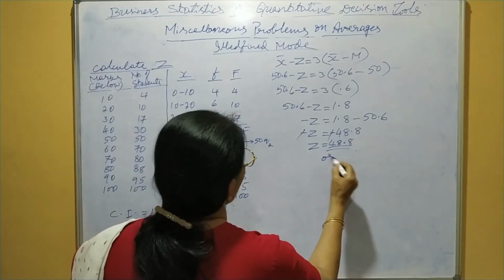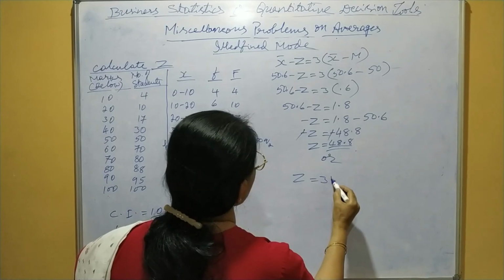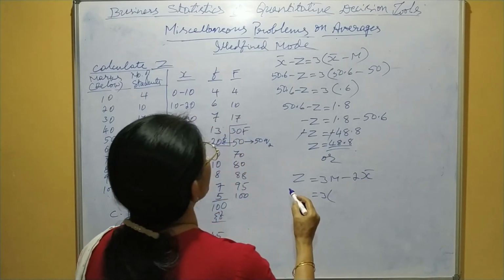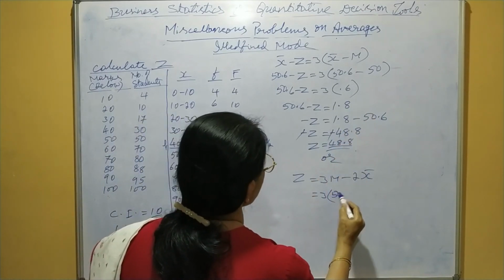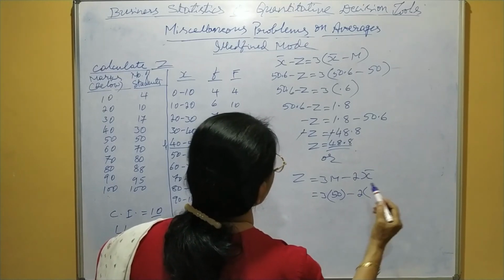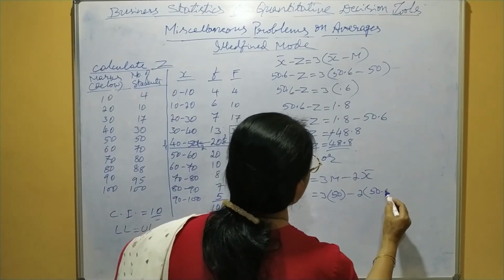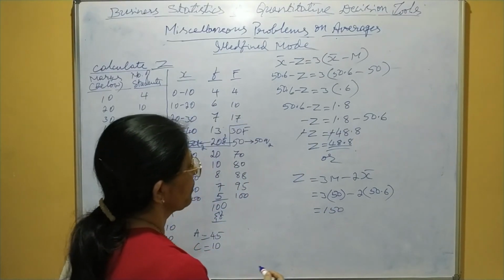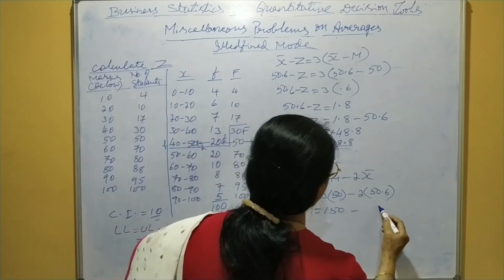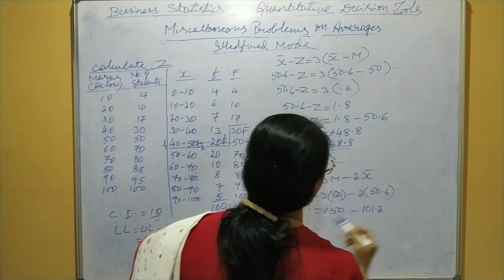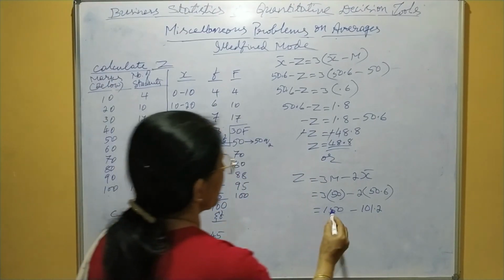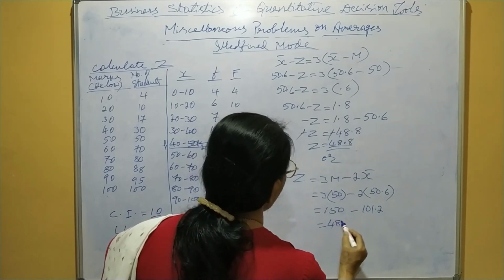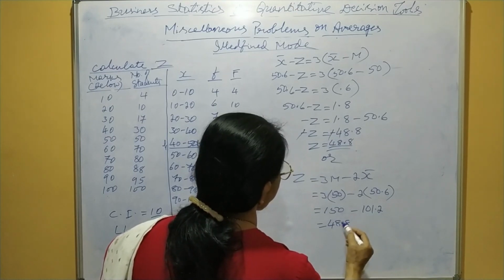That is Z equals 3M minus 2 X bar. 3 into M, M is how much? 50, minus 2 into X bar 50.6 equals 150 minus 101.2, it is 48.8.